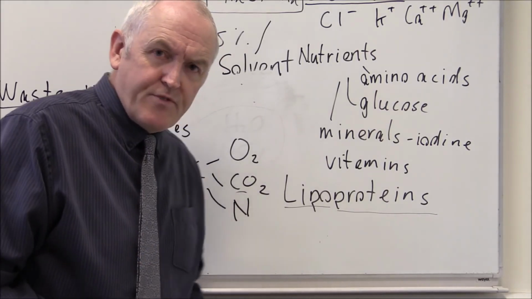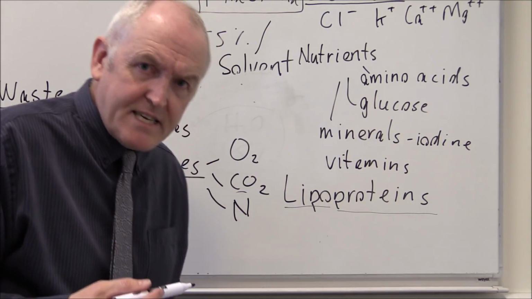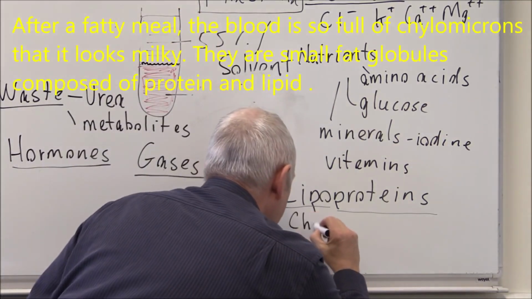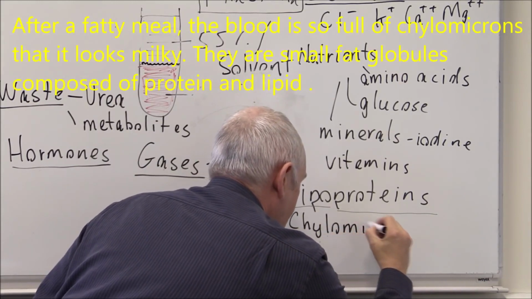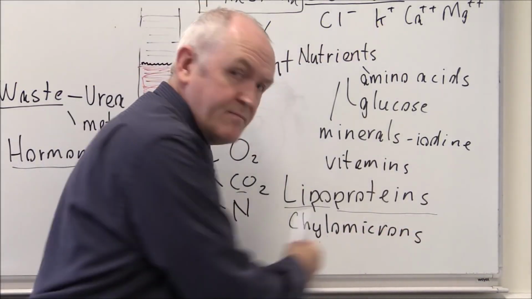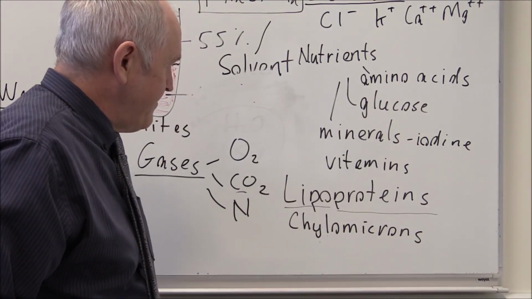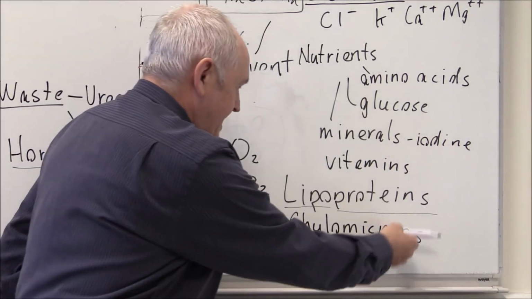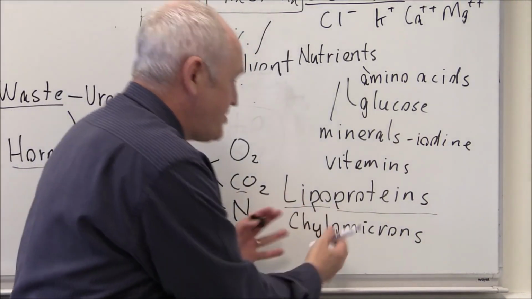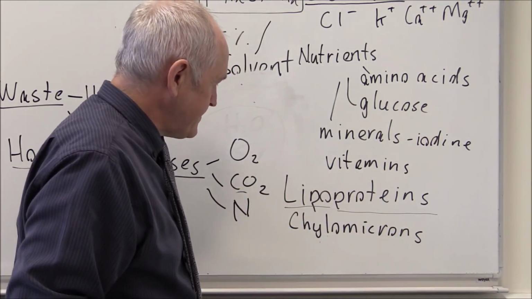So, for example, from the gut, the fats are going to be absorbed into the lymphatic system in the form of chylomicrons. These are going to go through the lymphatic system and enter the venous circulation from the lymphatic system and circulate as chylomicrons. Proteins packaging up fatty molecules for transport in the blood.